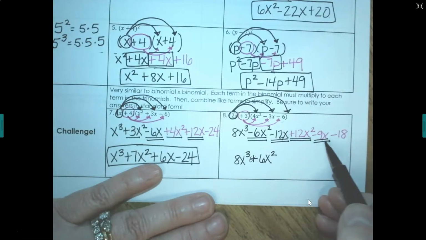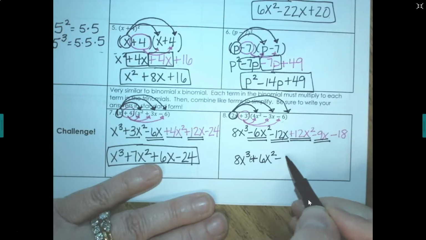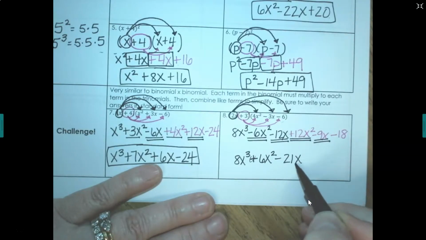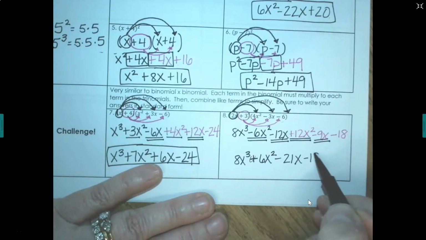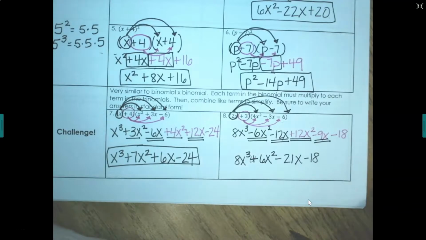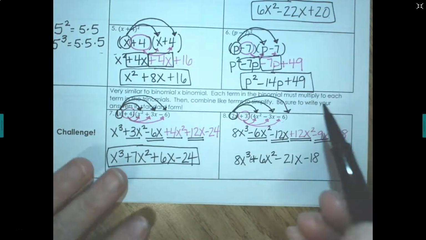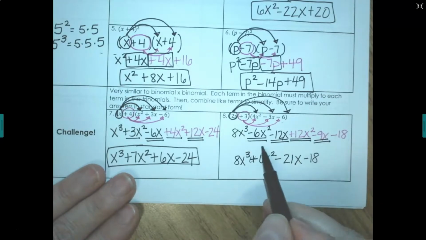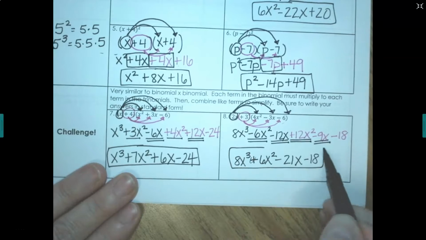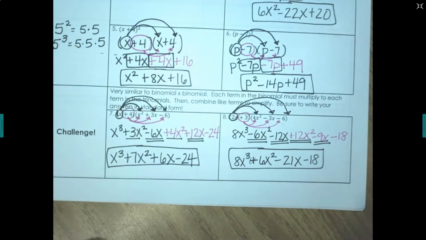Negative 12 minus 9 more would be a negative 21x. Then we have a constant of negative 18 that has nobody to combine with, which means he's not going to change. So our last thing to do is just check. I have 3 x's, 2x, 1x, and no x. We are in standard form, so that means we are done.